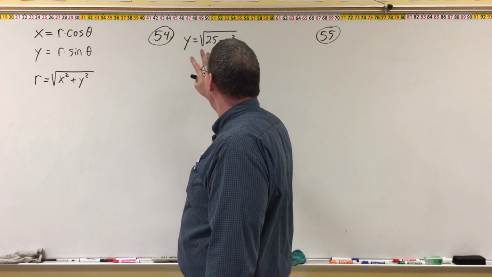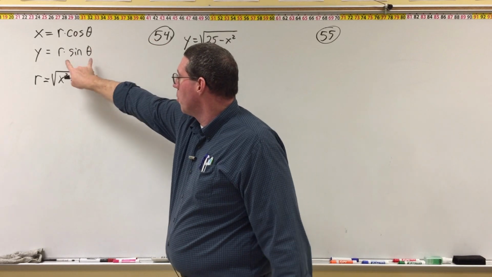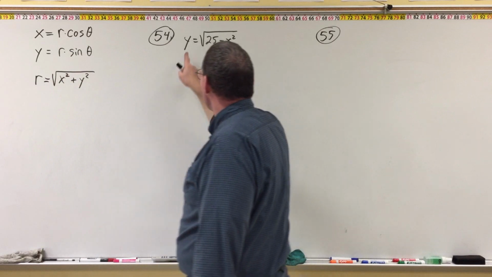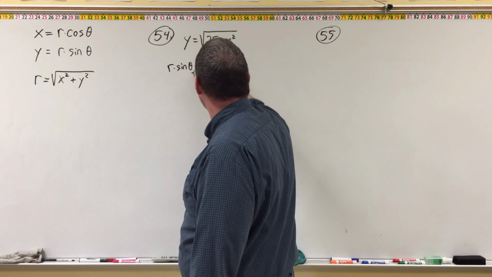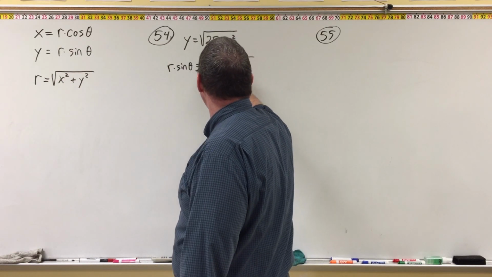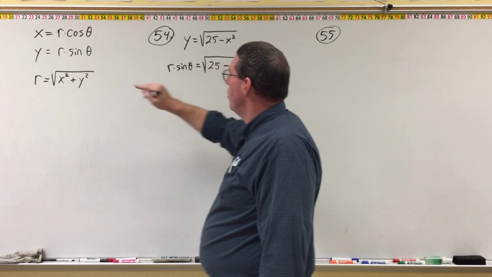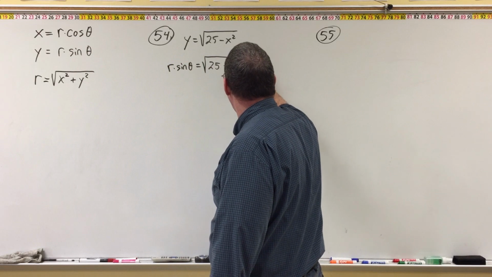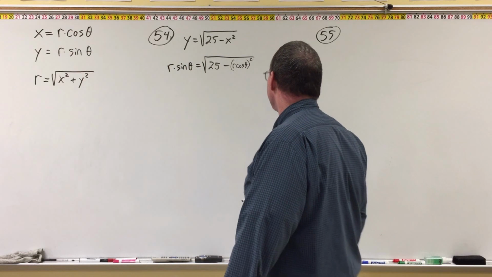So in order to do that, we need to replace our y with what y is equal to in polar form, and we're going to replace our x with what x is equal to in polar form. So y is r sine theta, so we're going to put r sine theta is equal to big square root here, 25 minus, and now instead of x squared, we're going to do r cosine of theta squared. So r, I got to put it in parentheses, r cosine of theta, that's x squared.